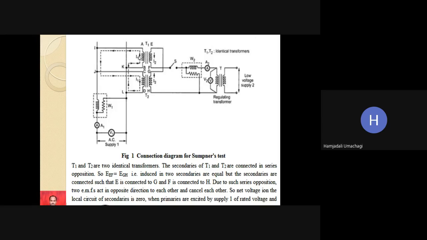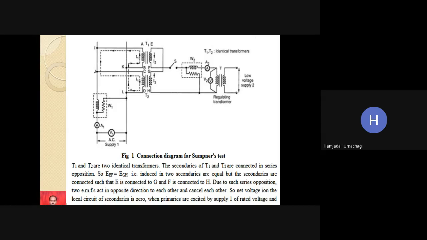Only through the primary means current I1 will flow, and this current pertains to only the primary side. Primary side means open circuit test, where we have applied rated voltage. So this will give us no load current I0, no load voltage V0, and no load power, that is iron loss, W0. So W1 will read W0, A1 will read I0, V1 will read V0. All these are open circuit test parameters.